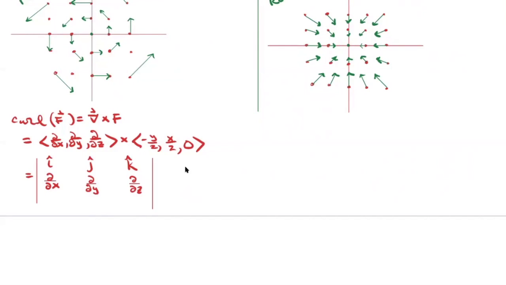Okay, so that's how you do a curl. You're going to have a negative y over 2, an x over 2, and a 0.